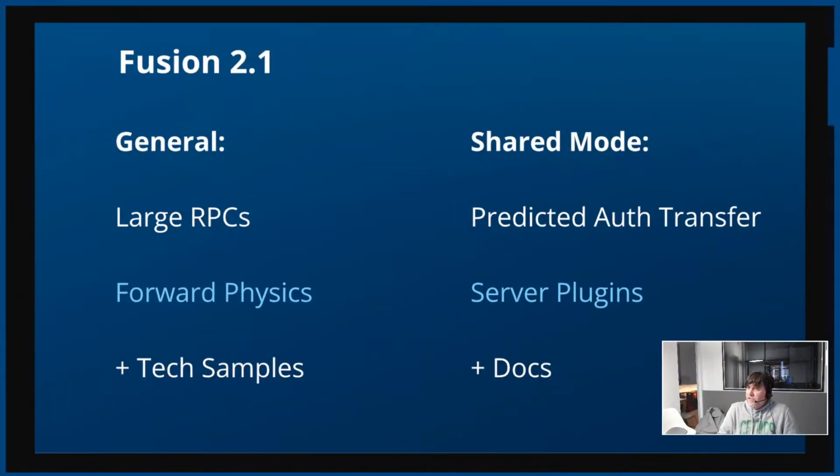So let's talk about this here for a while. We're working hard to get a new major Fusion released. We're calling it Fusion 2.1. It comes with a lot of quality of life improvements and of course bug fixes, but I would like to highlight a few of the important new things coming with it.